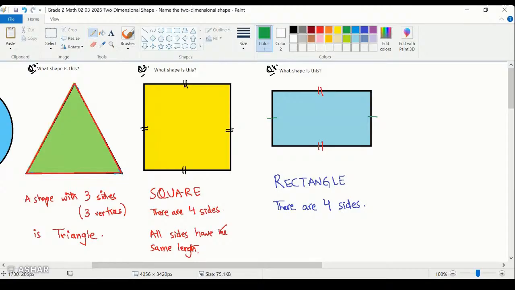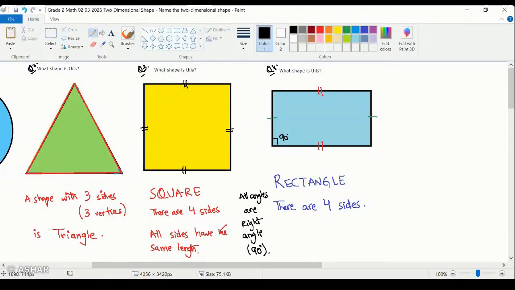When all the sides have the same length, it is a square. But it still also has right angles. All angles are right angles. A right angle is always 90 degrees.